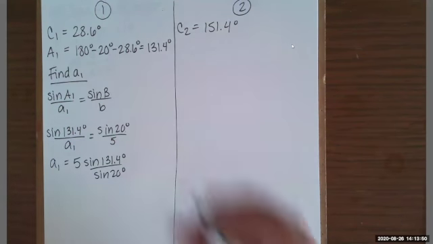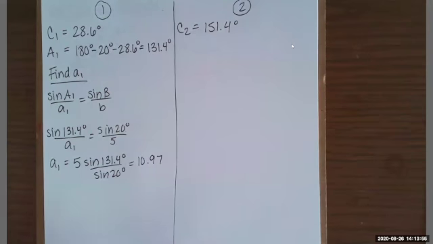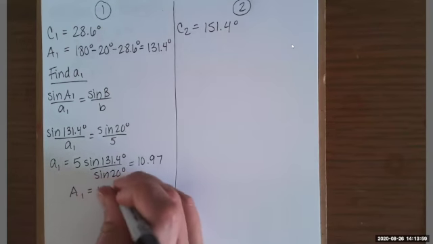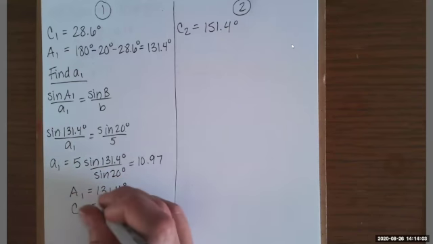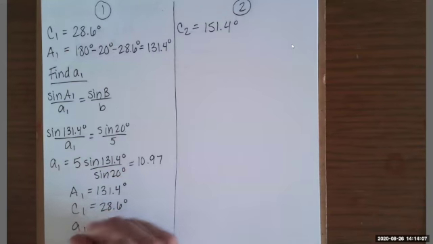Putting that in our calculator, we get 10.97. So our first solution is A1 was 131.4, C1 was 28.6, and side A was 10.97.